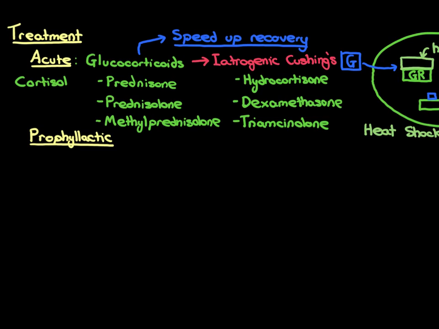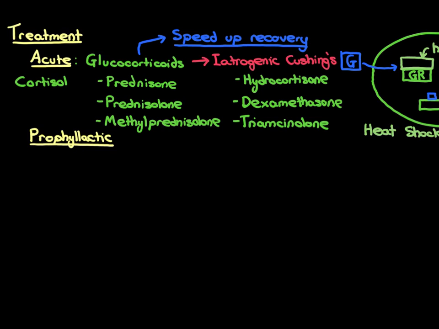So, what happens in Cushing's syndrome? Well, you tend to gain a huge amount of weight because these things increase your appetite, and all of the weight tends to be put on centrally, so you end up with a very large belly. You also end up with a sort of buffalo hump of fat on your back. You end up with a quite fat, round face known as a moon face.